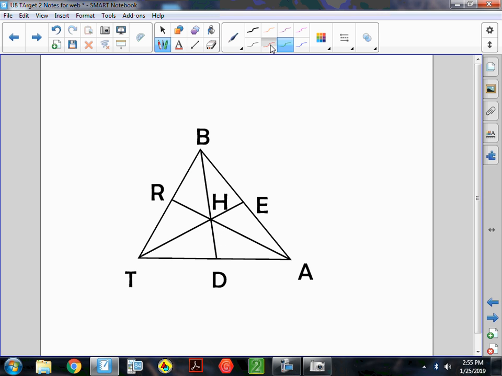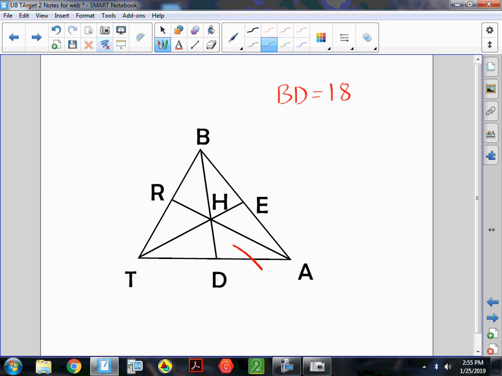I can go backwards with that property, and if I know BH is 8, then HD would be half of 8, or 4. The median, BD, would be 12. If I'm given the median, I can work that out as well. For example, BD, let's say, is equal to 18.